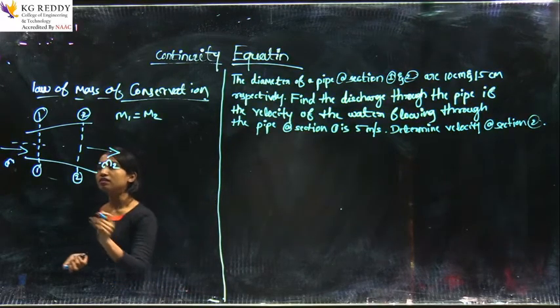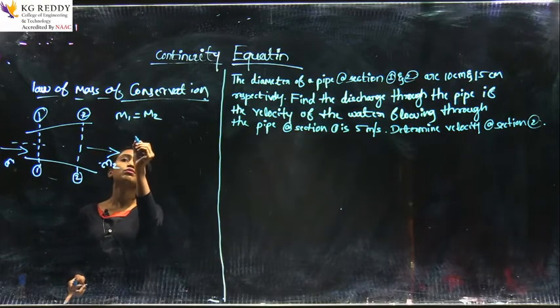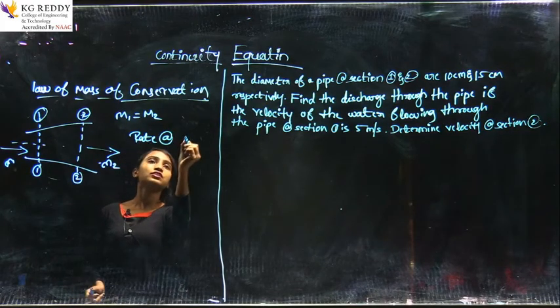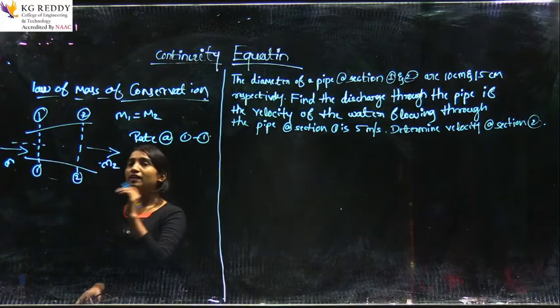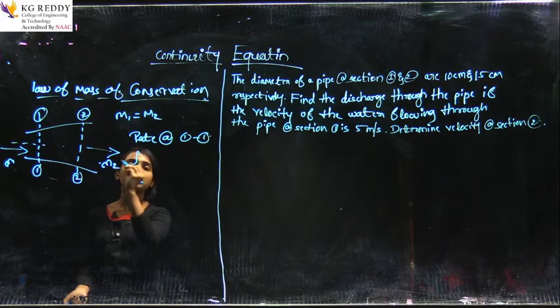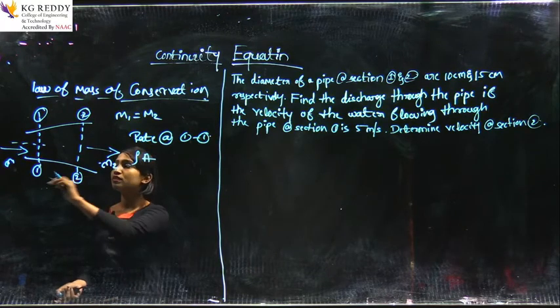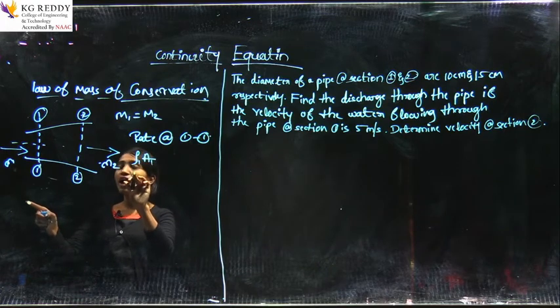Just consider the flow rate at section 1. The flow rate here is the density of the liquid, the area, and the velocity: rho 1, A1 and V1. Why am I giving rho 1?